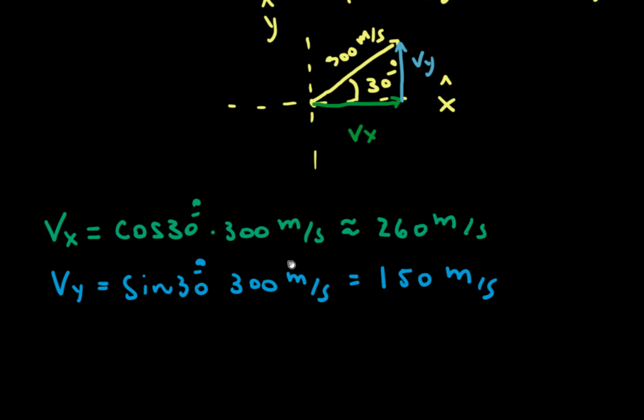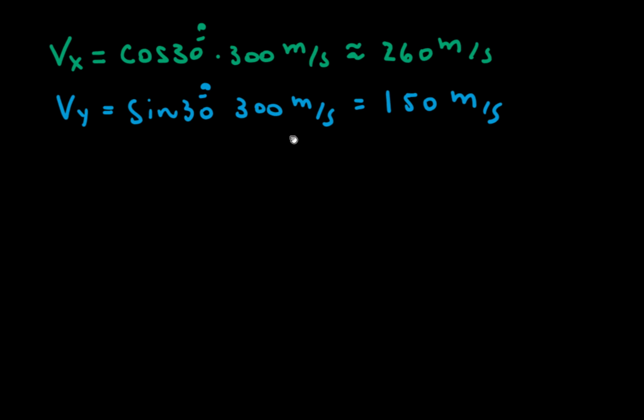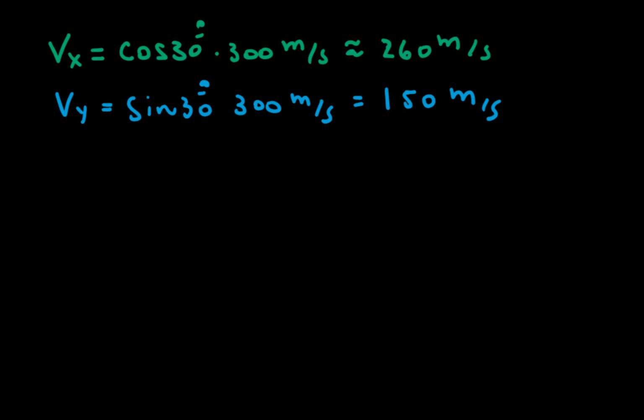The last thing that I like to do to make sense of these problems is to just draw what's going on. So there's a cannon here, and it is firing a projectile. This projectile will travel in a parabola.